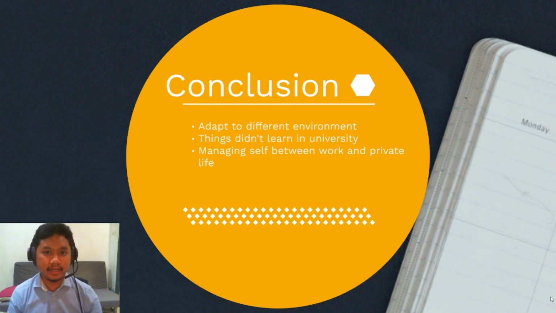So adapting to a different type of API, library, or code won't be too much of a problem for us. Then the third thing is managing life between work and private life. That's all for me today.